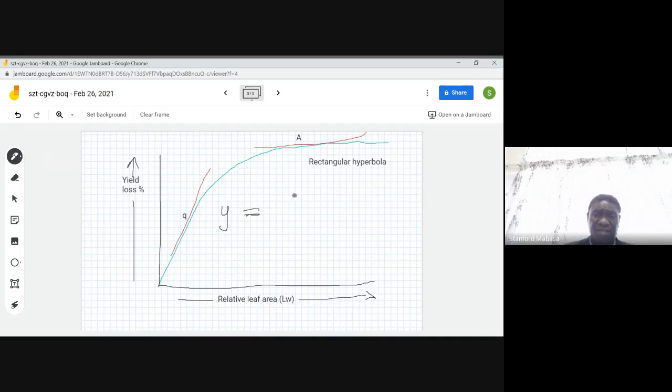So here we have a Q multiplied by LW, which is the relative leaf area.